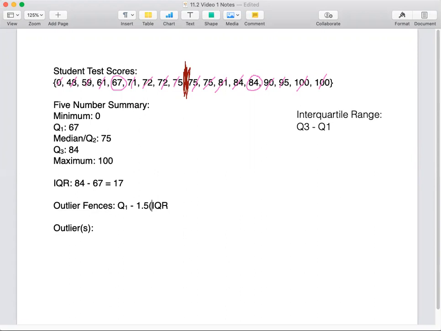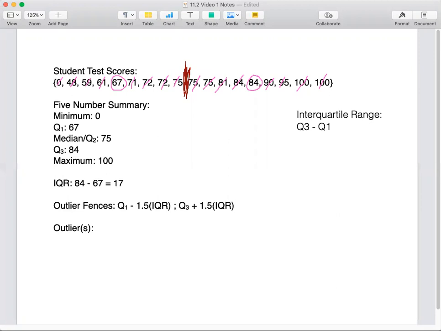I'm going to put the IQR in parentheses because that I looks a little bit too much like the 1. Our second outlier fence is Q3 plus 1.5 times our IQR.